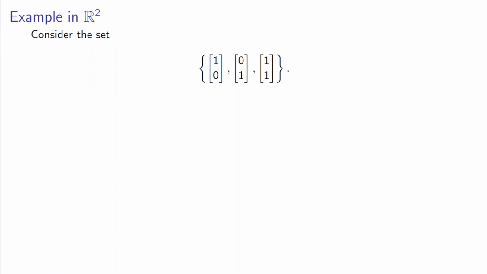Let's take a look at this example. So we have tacked on an additional vector to what we had earlier, 1, 1, and this is no longer linearly independent. If we called this one V3 and this one V1 and V2, we could see that V3 equals V1 plus V2.